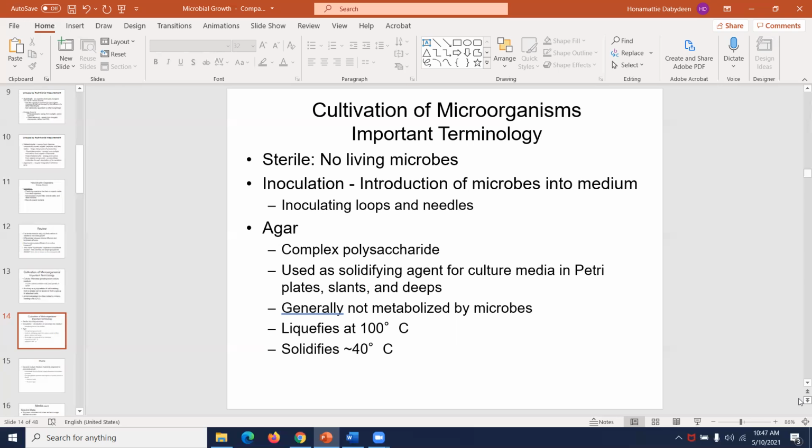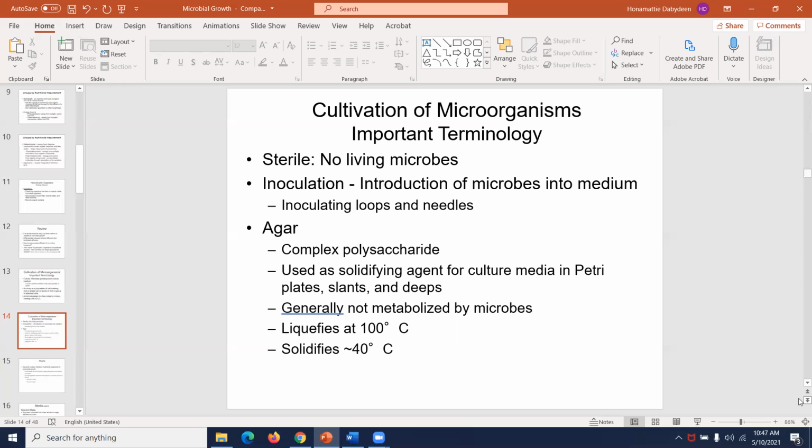And the reason we're using the agar is because it's usually not metabolized by the organism. So the medium will remain solid and the organism will grow on the surface of that solid medium or in between, depending on where we put it.